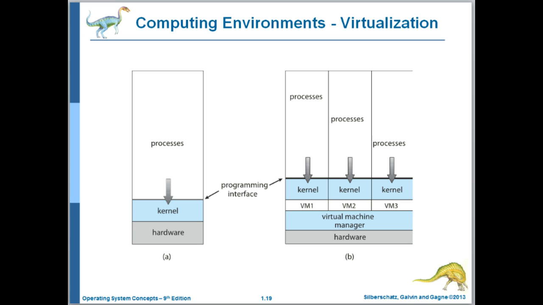Here you can see a traditional operating system on the left and one architecture for virtualization. Interestingly, VMware uses a different architecture. VMware's software runs on top of a host operating system, and then the guest operating systems, and in this case, think of these as the guests, run on top of the VMware software.